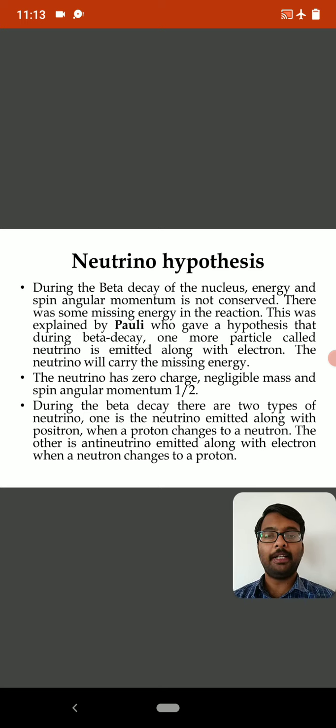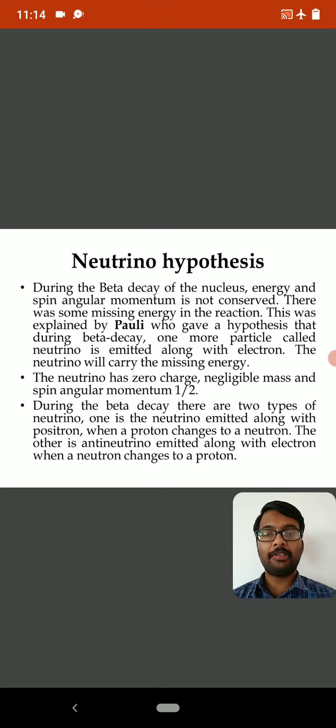In beta decay, along with the electron or positron, other elementary particles are emitted. To explain why they are emitted, the scientist Enrico Fermi gave a theory known as the neutrino theory, or Fermi's theory of beta decay. Why are those elementary particles emitted? In order to conserve charge and to carry the missing energy.